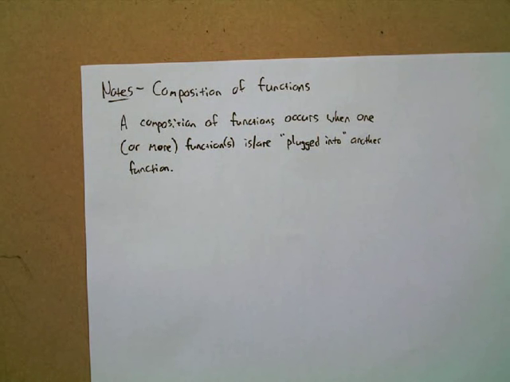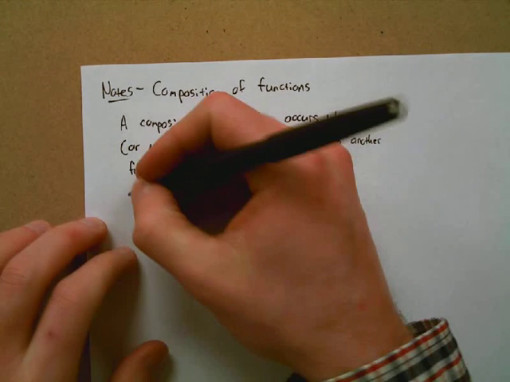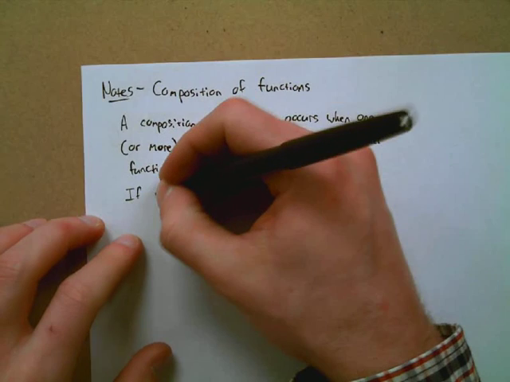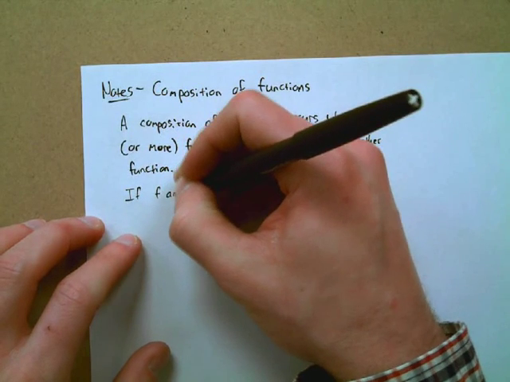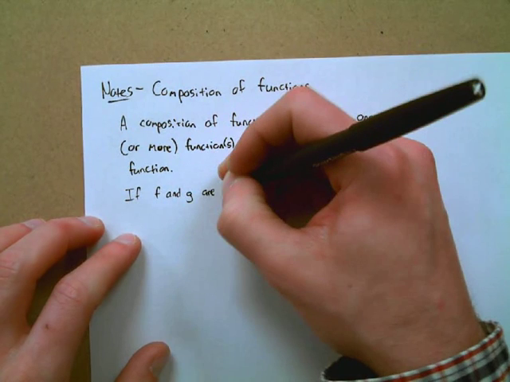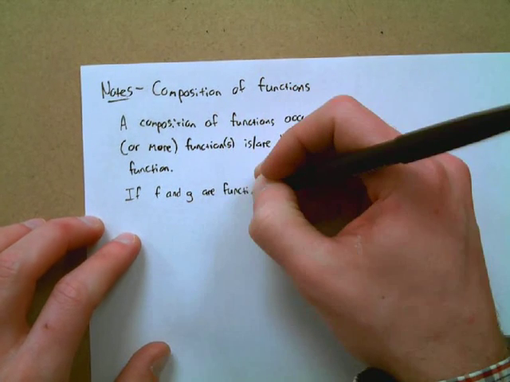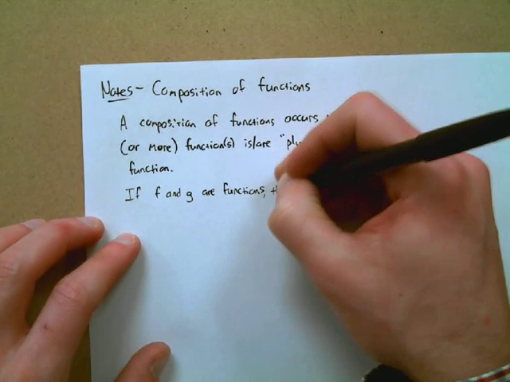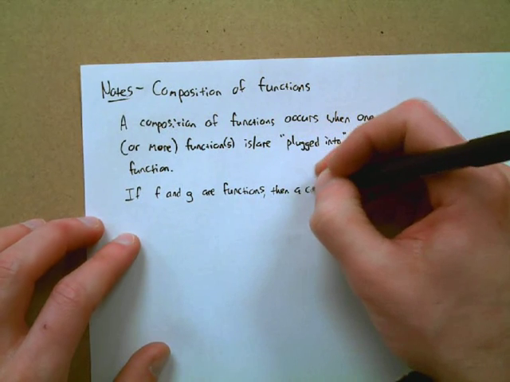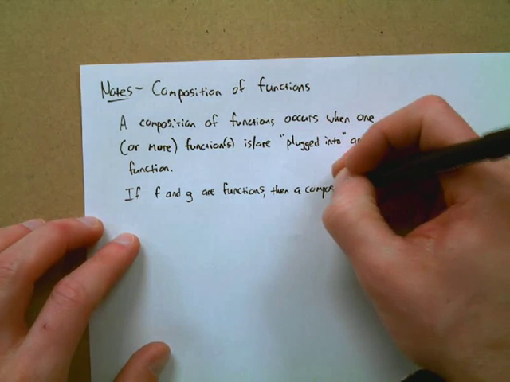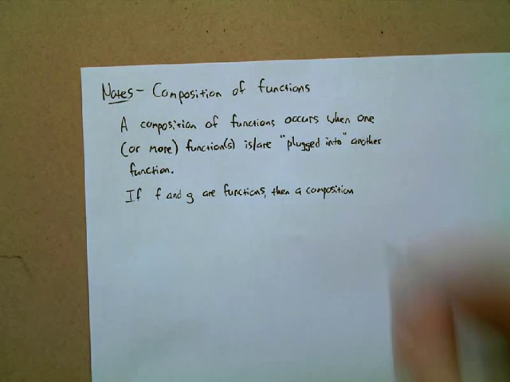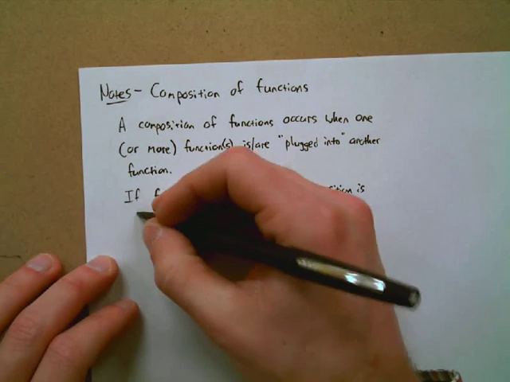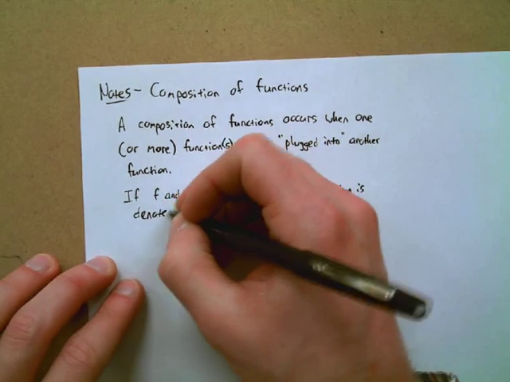Just as a more general notation thing, if f and g are functions, then a composition is denoted, and there's two different ways to do this.